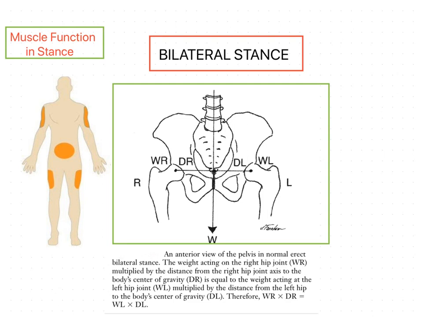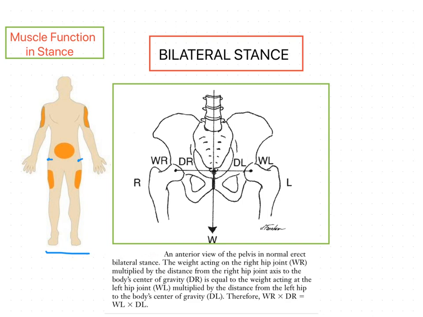Now, in this session we are going to discuss the bilateral stance. In erect bilateral stance, both hips are in neutral or slight hyperextension.